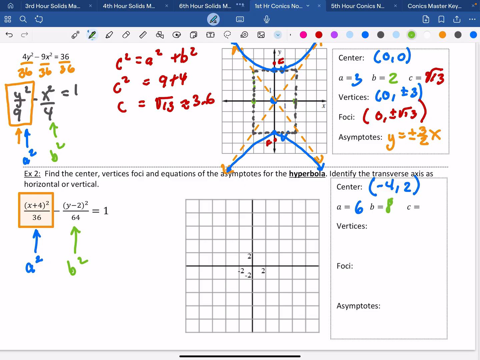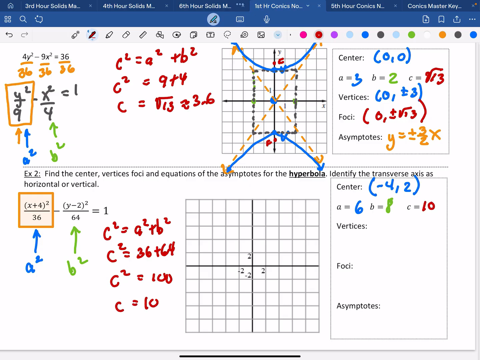And then we can go ahead and just, why not, get the foci value. C squared is equal to your A squared plus your B squared. I'll just write it out for now. Put the numbers in: 36 plus 64. And you get 100, and look at that, perfect square. C is equal to 10.